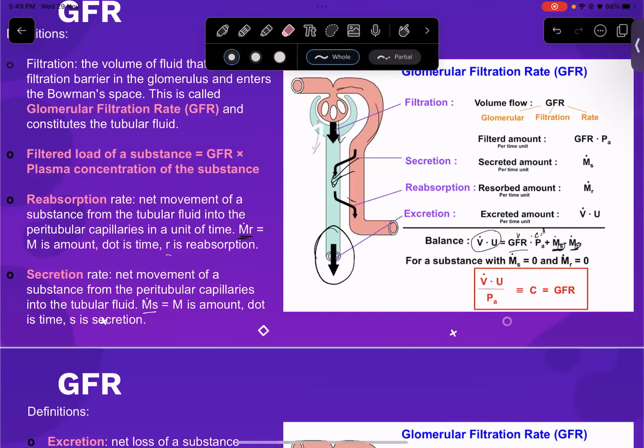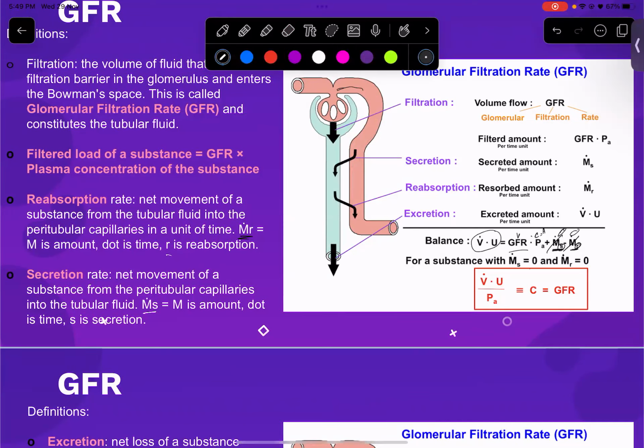Okay. If a substance is neither secreted nor reabsorbed, so all of these values are 0, we can completely disregard them, and we can say that the urine itself is equal to the filtered amount. Nothing really happened here. Whatever got filtered got excreted as well. And this can help us figure out something really important, which is GFR.